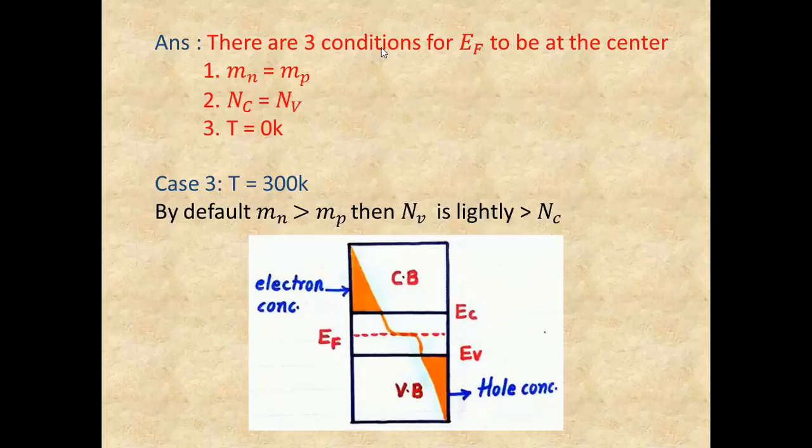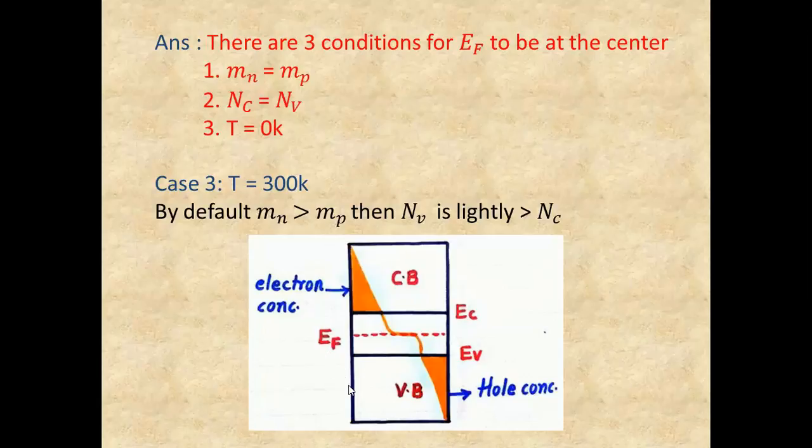Third case is when your temperature is 300 Kelvin. By default it's Mn equal to Mp, right? If Mn is greater than Mp, then Nc will be slightly greater than Nv. Now what happens is, in intrinsic semiconductor at room temperature, that is 300 Kelvin, your Fermi energy passes through the center of Eg, or is slightly above the center of Eg.